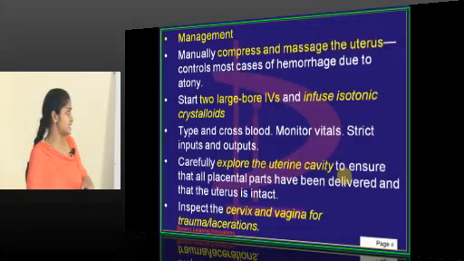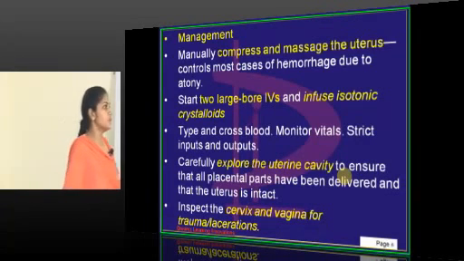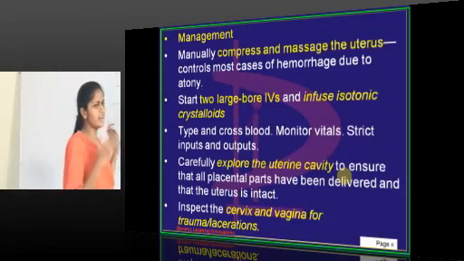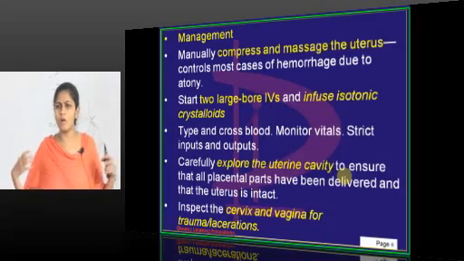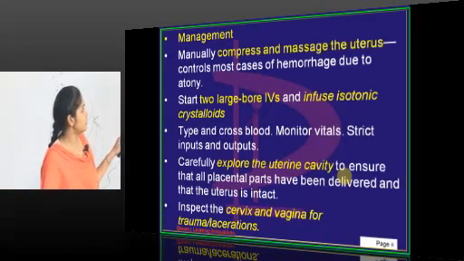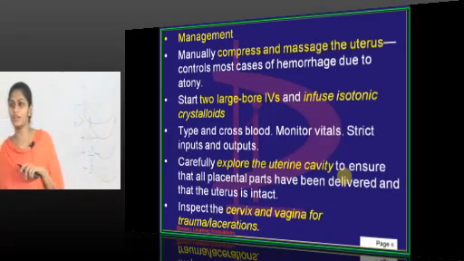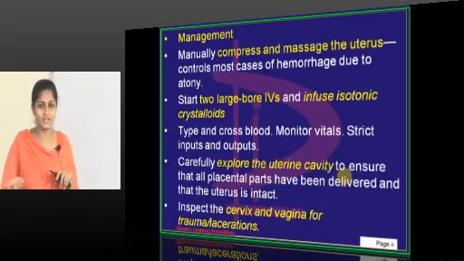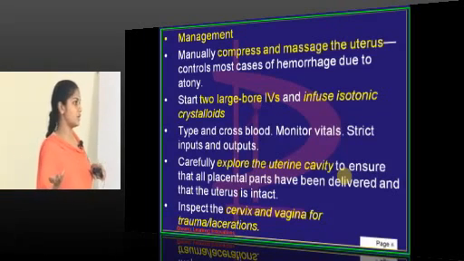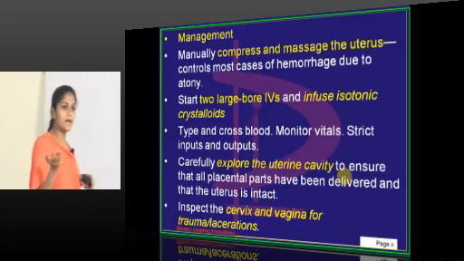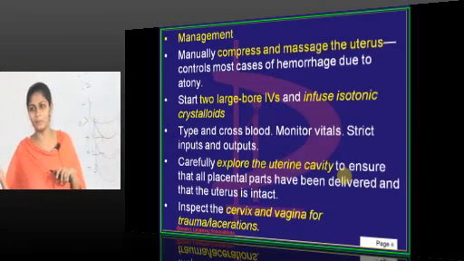So how do you manage this? The first thing: you have delivered. Don't think that this is a very rare condition. It is a very common condition. Once you enter the labor room, you will see PPH more frequently. Once you enter the house surgeon period, I don't know how much you have seen, but we had an excellent batch of house surgeons while I was doing my PG.